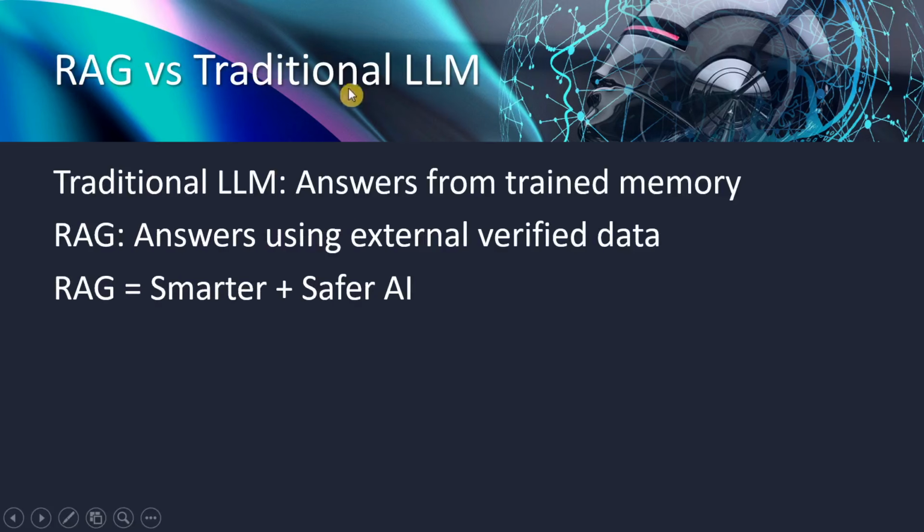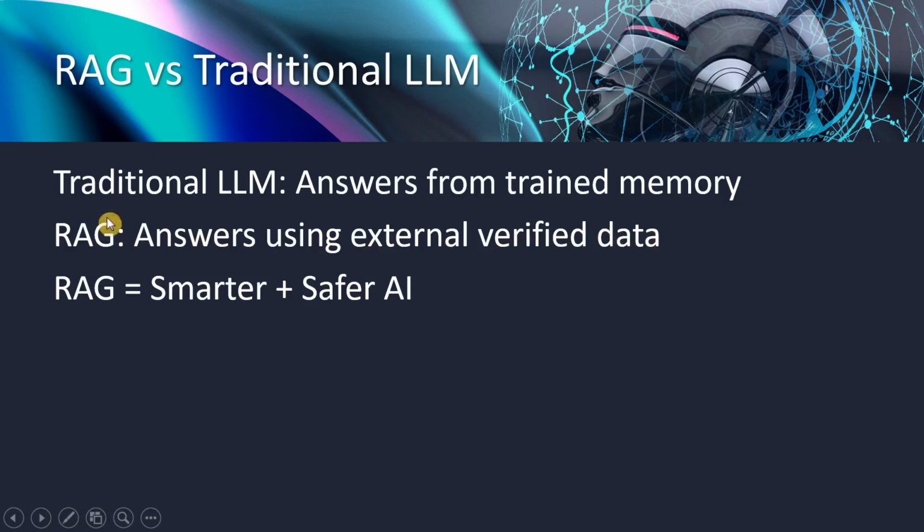Then RAG versus traditional LLM. A traditional LLM answers from its trained memory. Okay, so it will start hallucinating when it doesn't have a right match or proper information available for the query the user may ask. With RAG, it answers using external verified data.